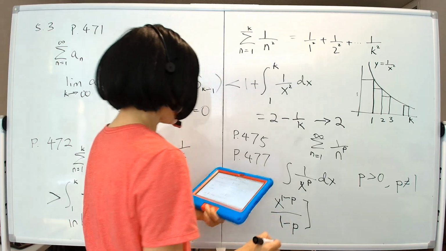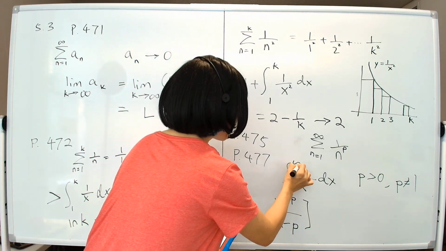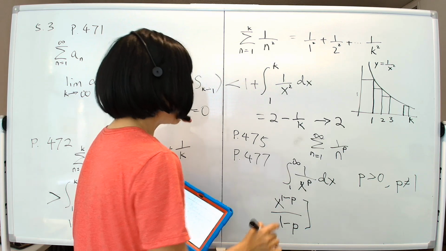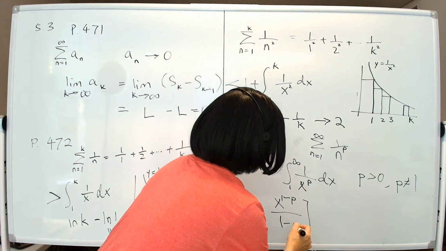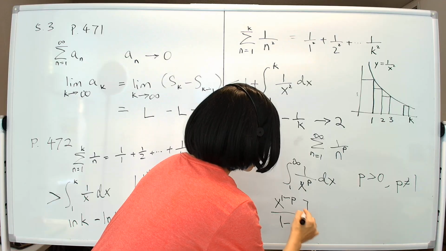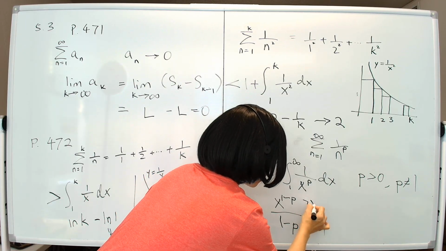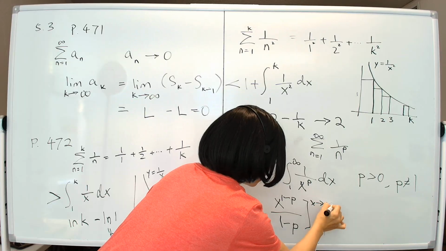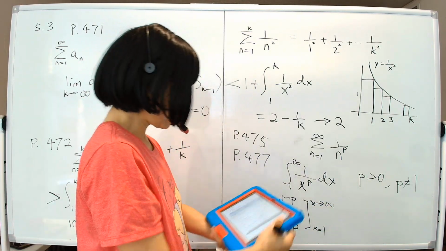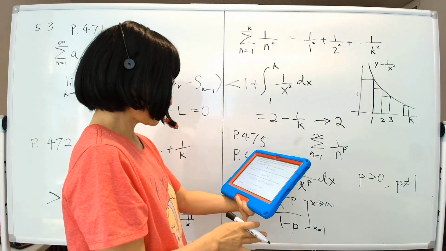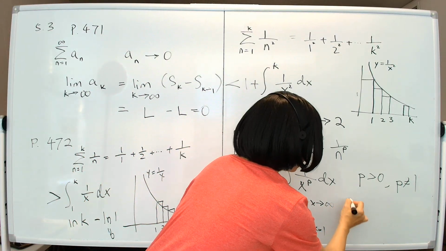And then we calculate it from 1 to infinity, because we're doing this integral. So x starts at 1, which is fine, and x goes to infinity. That depends on, remember, p is bigger than 0 and not equal to 1, so we have to consider conditions. If p is bigger than 1, what happens?